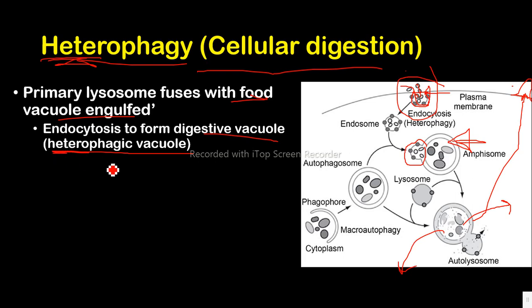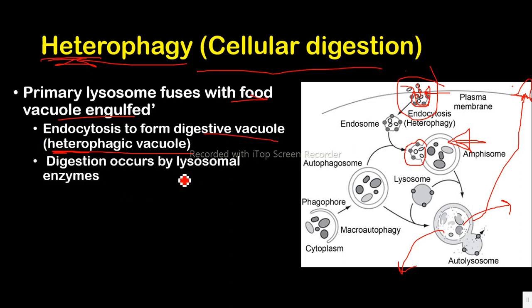Autophagic is auto because it had self organelles, the mitochondria, chloroplast, etc. But with heterophagic, it's because you have food materials from outside that have been taken in by endocytosis.